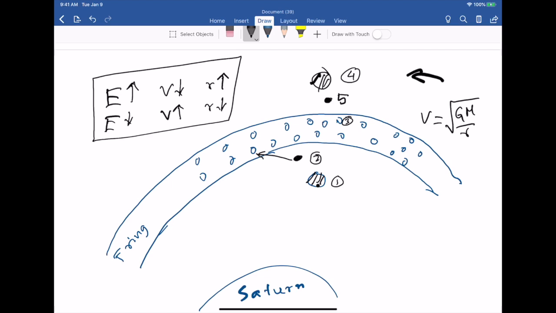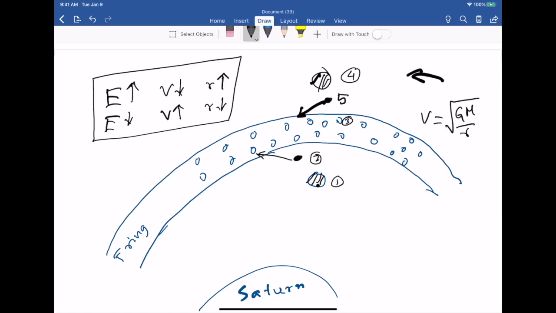So as it passes by, it's going to feel a backward pull. And so that's going to take away energy from it because it's like a drag force. And so as it loses energy, what happens to a particle in orbit as it loses energy? It speeds up and moves to a lower orbit. And so this will also eventually move back into the ring.